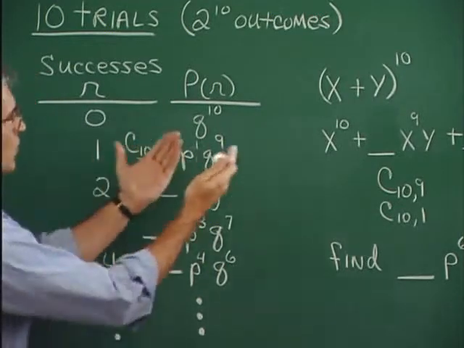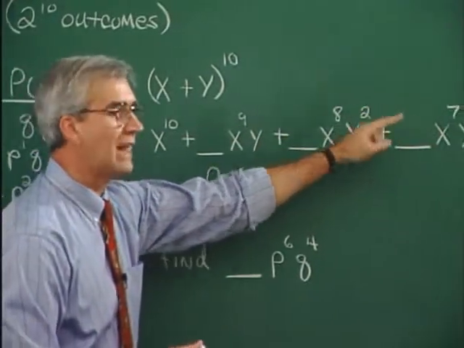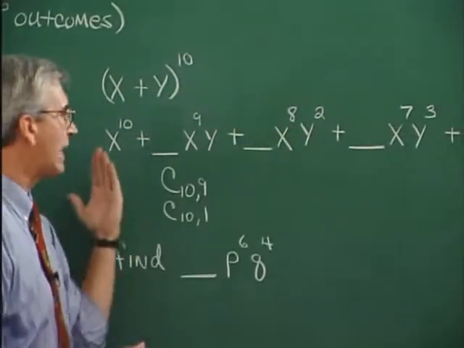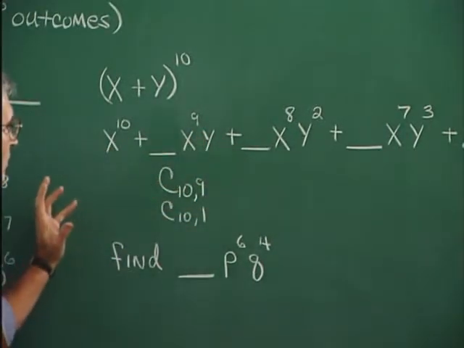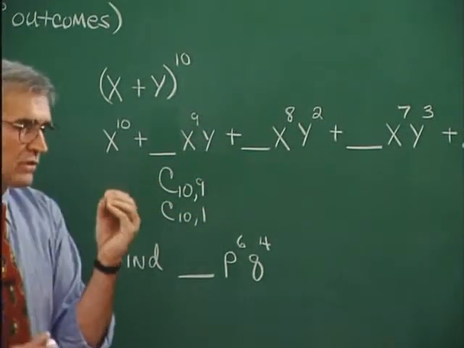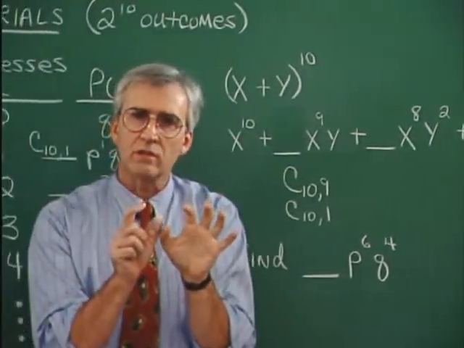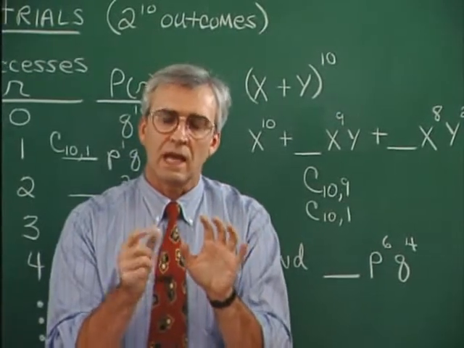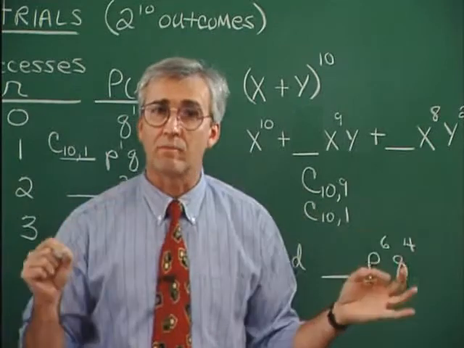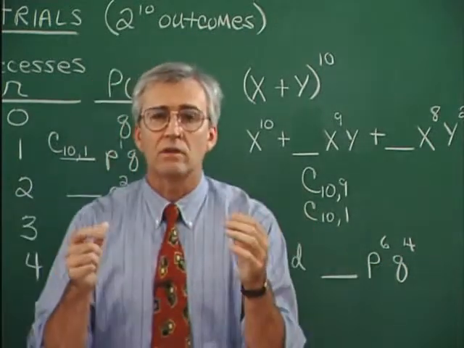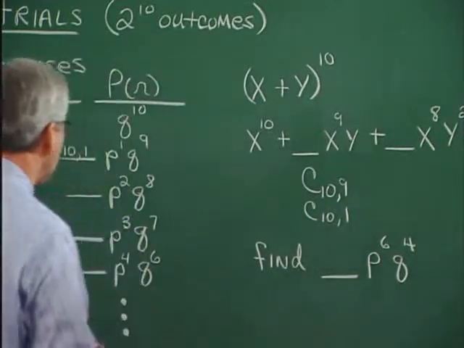Now over here we have an exponent that's decreasing every time. So that's the difference in these two kinds of patterns, and maybe the need for looking at a different kind of pattern over here than over there. But it's the same idea that we had here, that we're looking for a coefficient of a particular term. The sum of the exponents turns out to be consistent throughout the pattern, just as it is here. All we're doing is identifying a coefficient by using a combination idea.